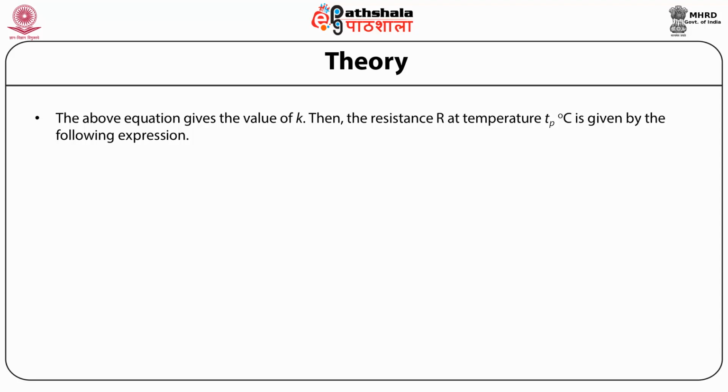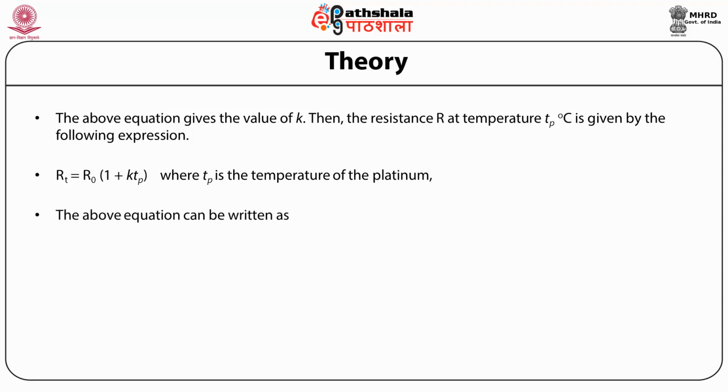Then the resistance RT at temperature Tp degrees centigrade is given by the following expression. RT = R0 × (1 + K Tp), where Tp is the temperature of the platinum.